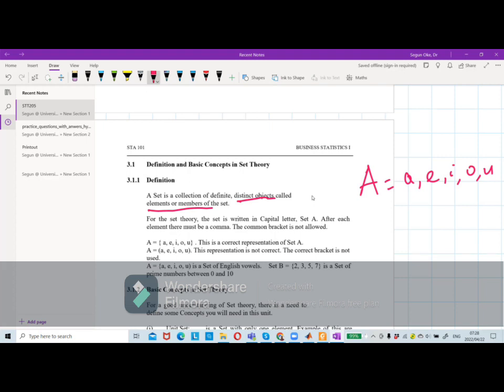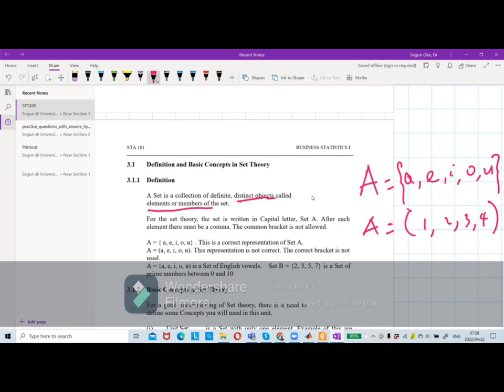You cannot represent the set in this form alone without putting the brace brackets. These brace brackets make it distinct, make it known that we are talking about a set. So if you write it this way, A equals 1, 2, 3, 4, this is not a good representation of a set.